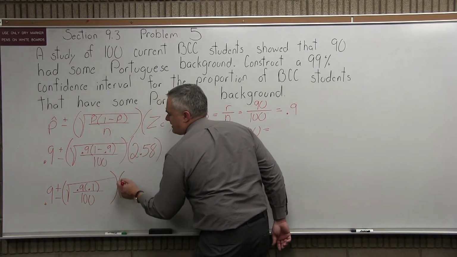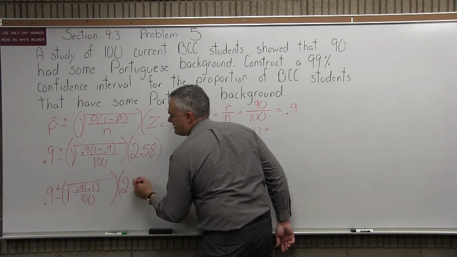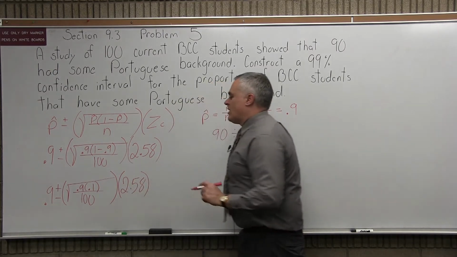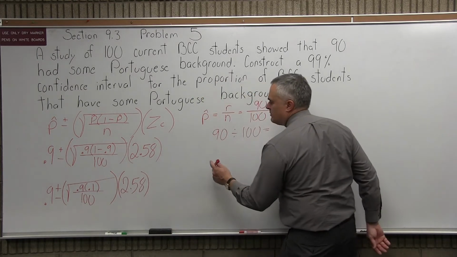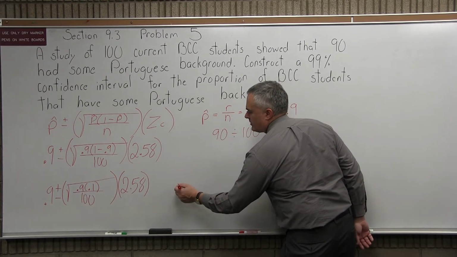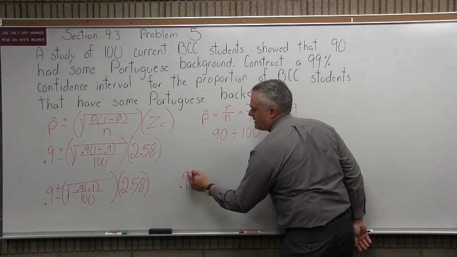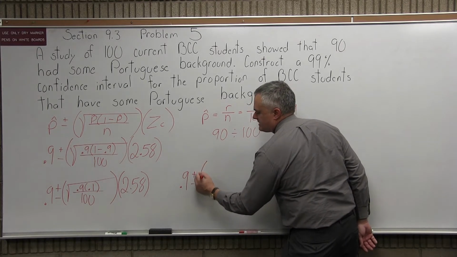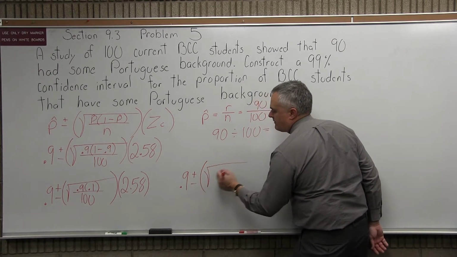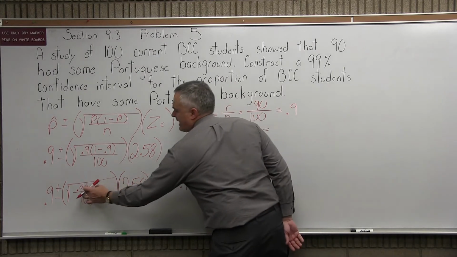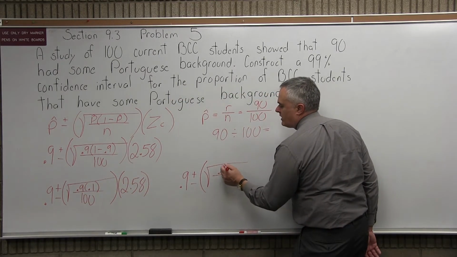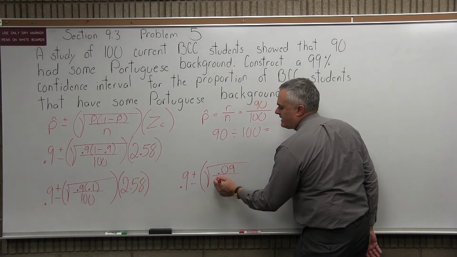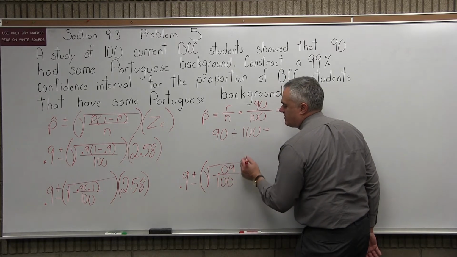And the 2.58 is still at the end. So I can simplify a little bit further. I am going to have 0.9 plus or minus square root of, now in the numerator, I have 0.9 times 0.1. 0.9 times 0.1 will be 0.09, and I still have 100 in the denominator.